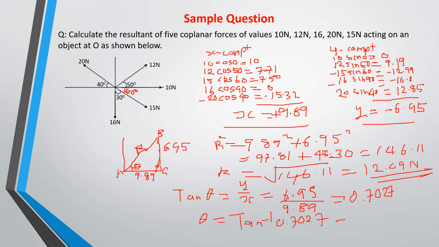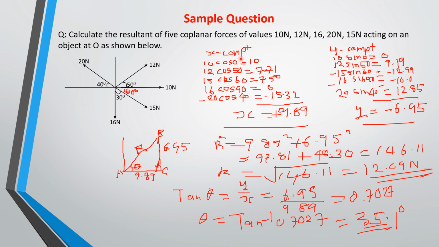When you solve that with your calculator, you are going to have 35.1 degrees. So your angle theta is equal to 35.1 degrees.